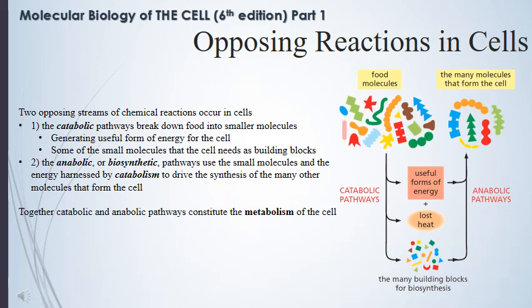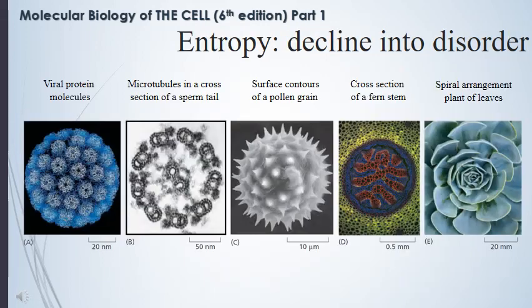And with those building blocks and the energy that we have now, we can synthesize new macromolecules. And if you remember a few slides before, we talked about the unfavorable reaction of forming polymers. So we need the building blocks as well as energy to rebuild new polymers that the cell needs. And these are the pathways that supply both the resources and the energy to do so.